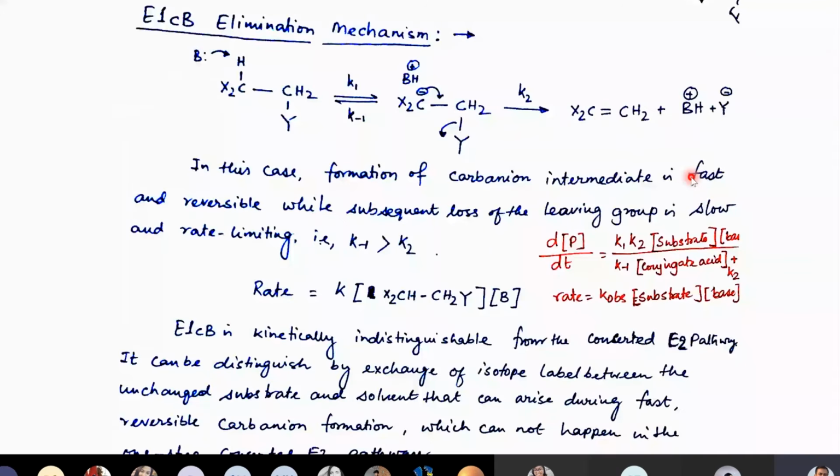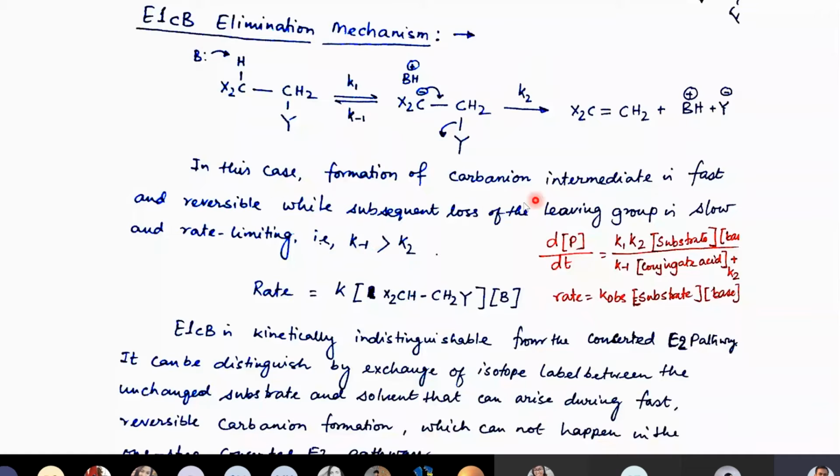Now let's see the E1CB elimination mechanism. In this case, again the mechanism looks similar, but your C-H bond breaks first. This happens in the first step, and the C-Y bond breaks in the rate-determining step. So in this case, your K2 becomes the rate-determining step. So K1 must be greater than K2.